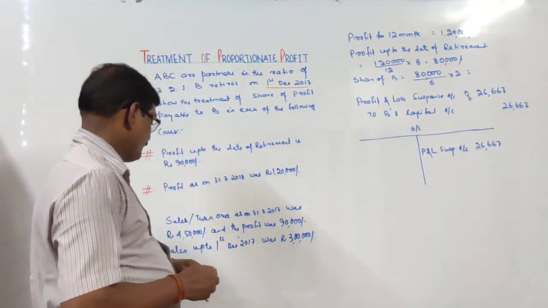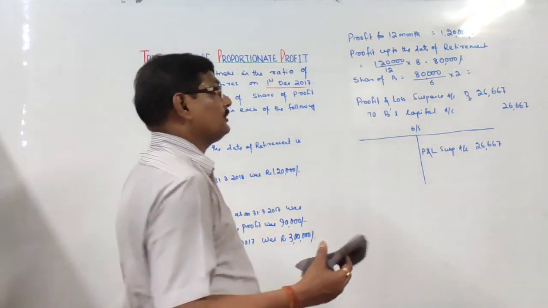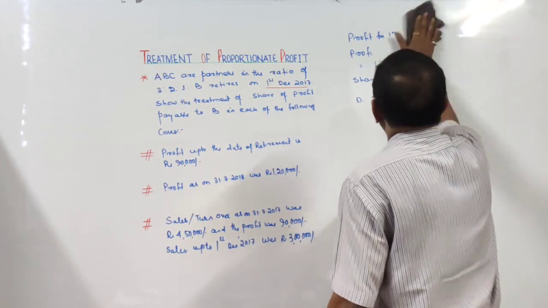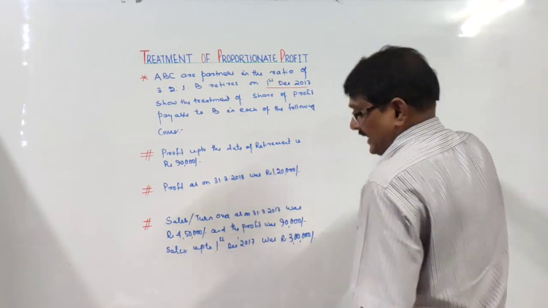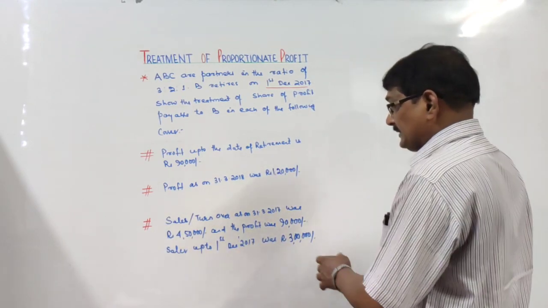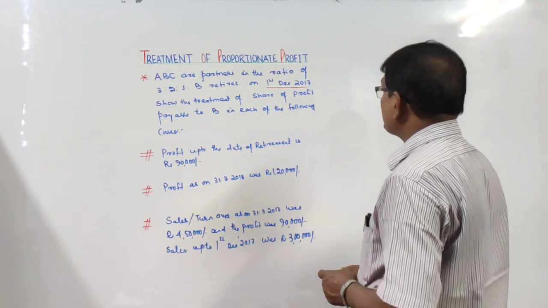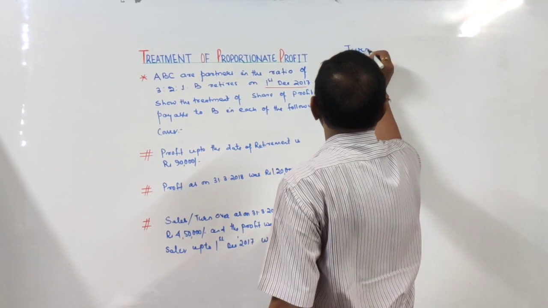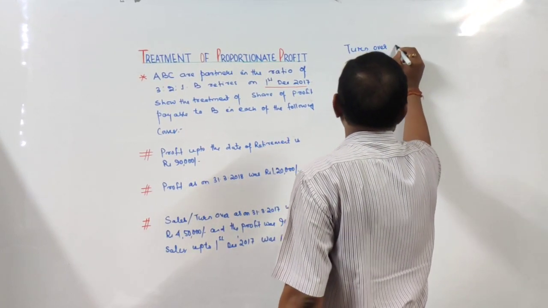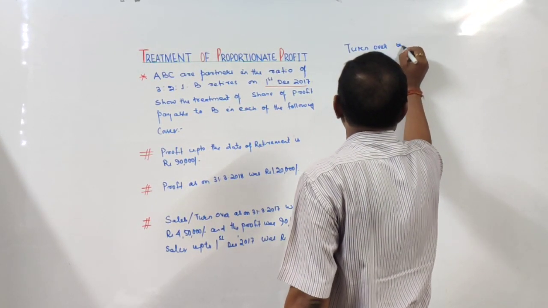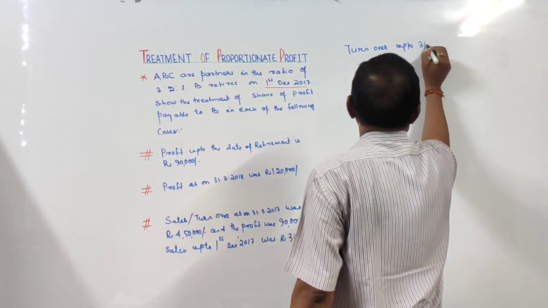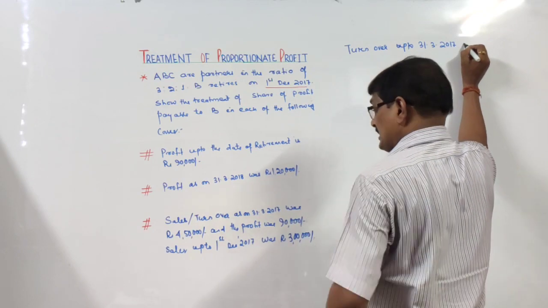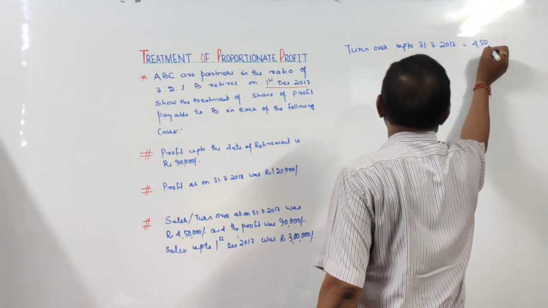Now the third case. In the third case, it is to be calculated on the turnover basis. On the turnover basis means on the basis of sales. Now you see, the question says in clear terms the turnover up to 31st March 2017 was how much? It is given 4,50,000.